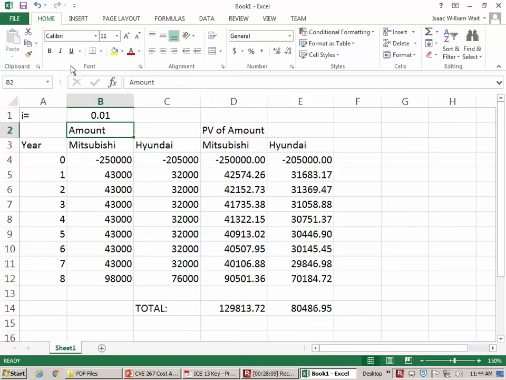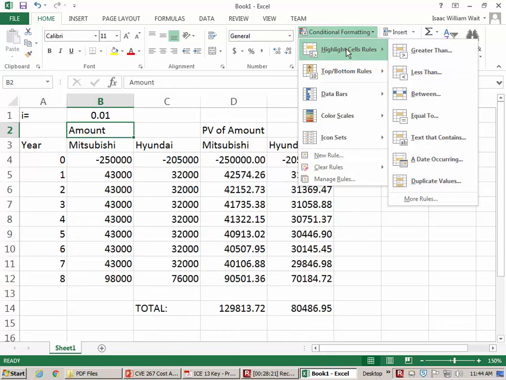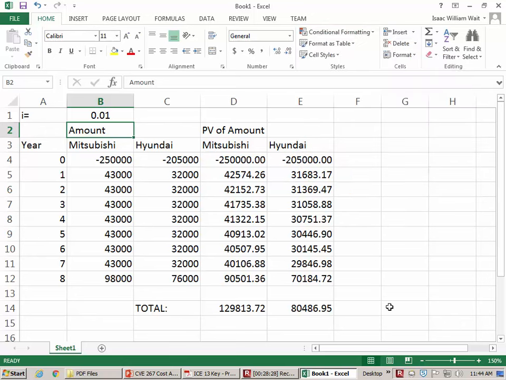I'm going to do something called conditional formatting, let's see, where is conditional? There it is, conditional formatting. So highlight cells. Let's do that later.